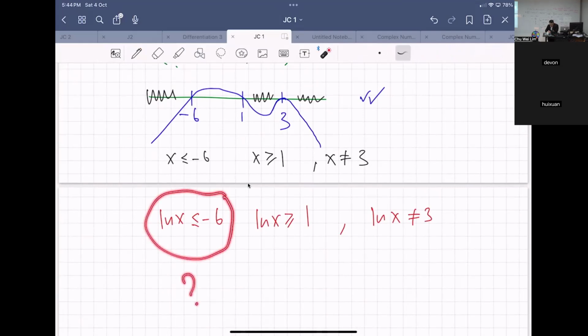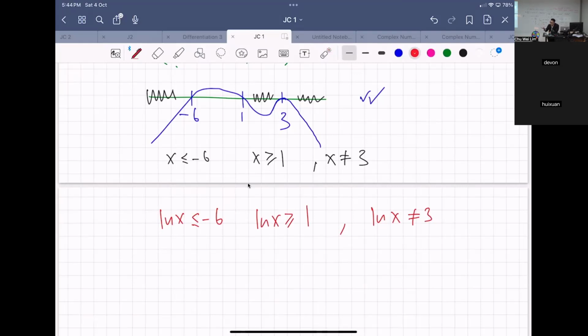Why reject? ln can take negative, but not power. ln you bring over, and power -6, why not? So you have x here. You have x is smaller than or equal to e to the power -6. Then x is greater or equal to e. Then x is not equal to e to the power 3, right? Agree.